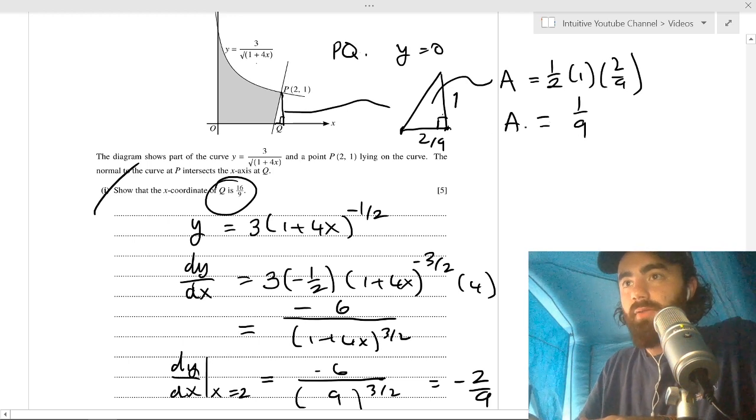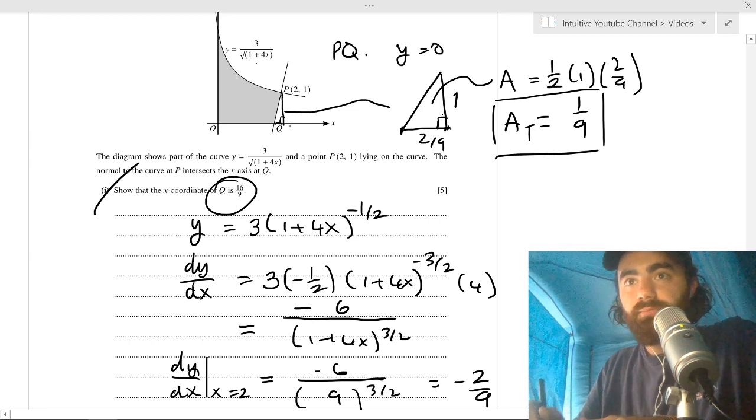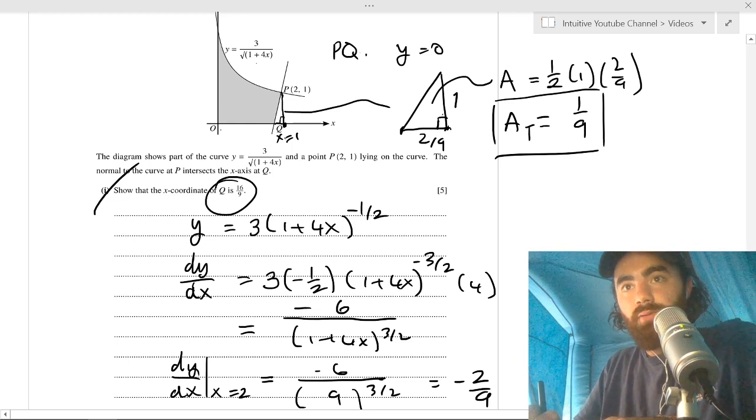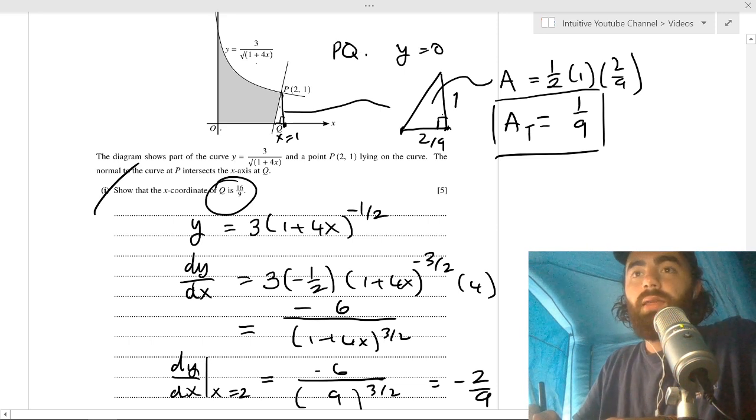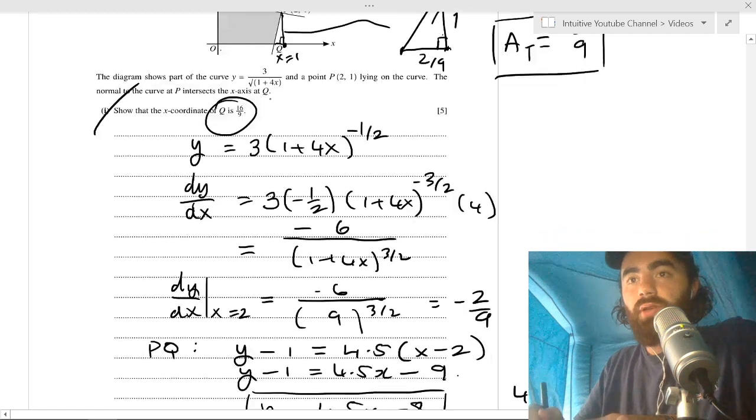And the reason I found that is because if I find the area under this curve from x equals 0 to x equals 1, I'm going to also include this extra triangle. So if I find the area under the curve and then minus the area of this little triangle, I get the area of the shaded region.